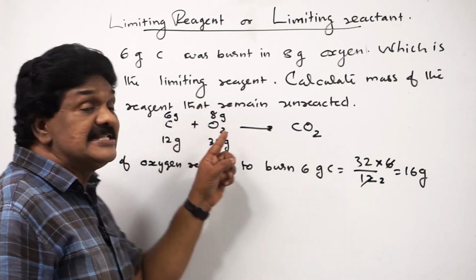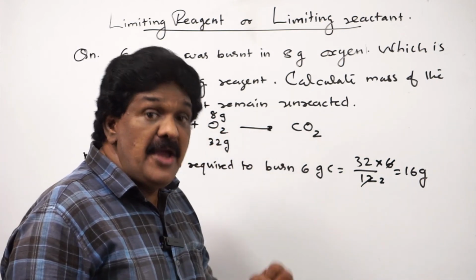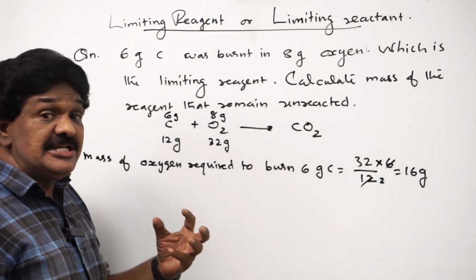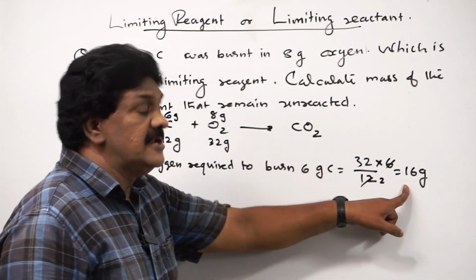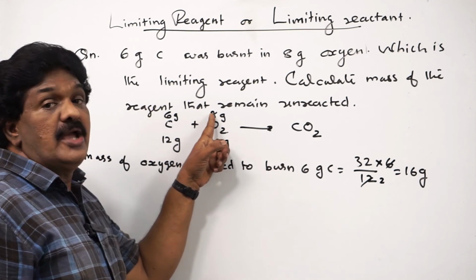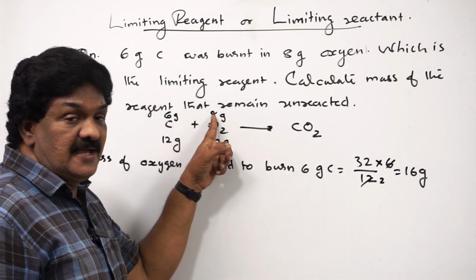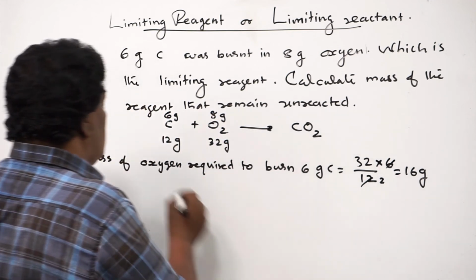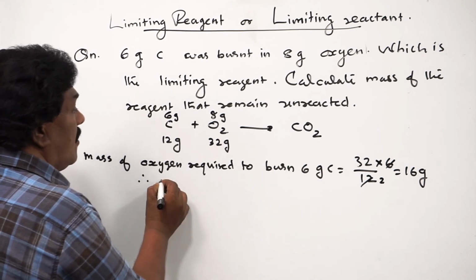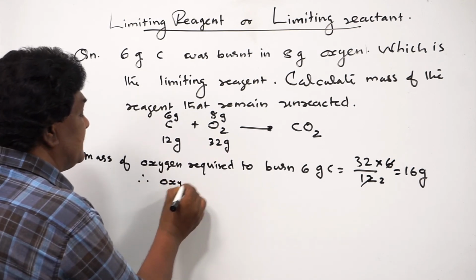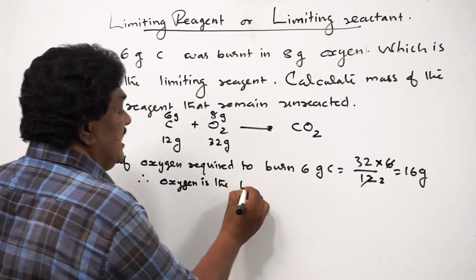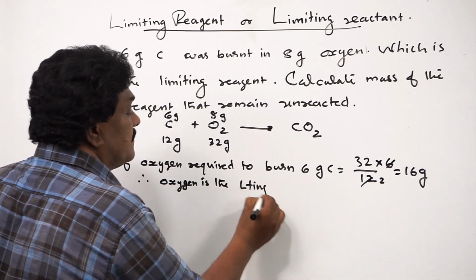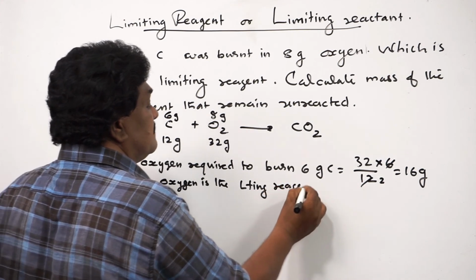So, oxygen is the limiting reagent. Why? Because its mass is deficient. We need 16, but there is only 8 grams. Therefore, oxygen is the limiting reagent.